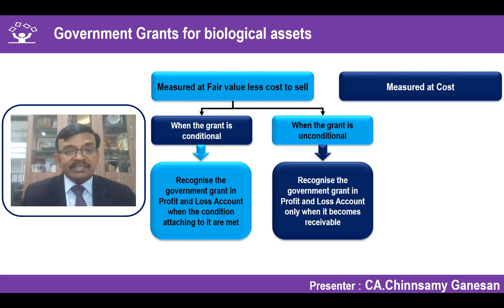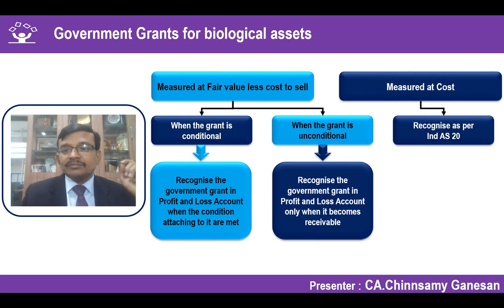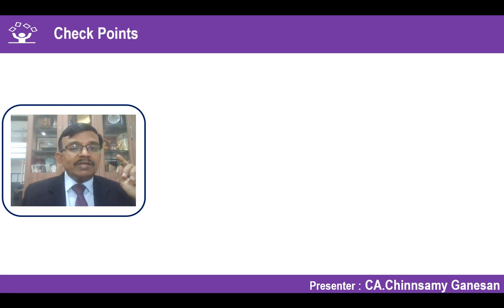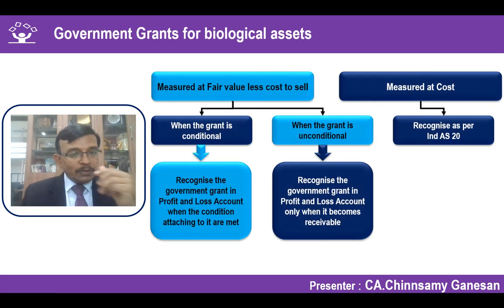That is if fair value less cost to sell is the measurement for the related biological asset. Suppose the biological asset is measured at cost, you will go to Ind AS 20. What happens under Ind AS 20? Ind AS 20 gives two options. One, you can set it off against the related asset, or you can set it up as a deferred income.